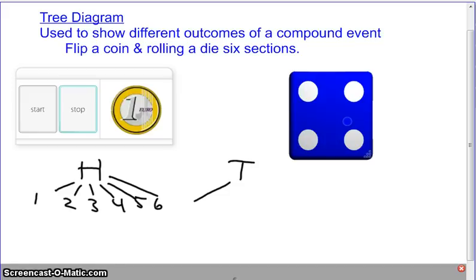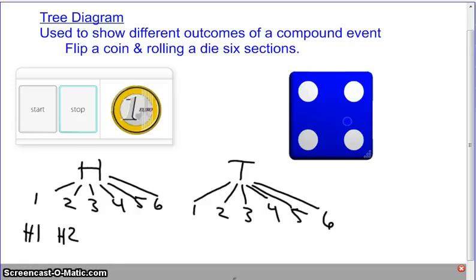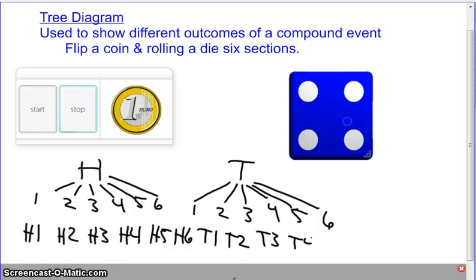I could get a tail with a roll of the dice at 1, a tail with 2, 3, 4, 5, or 6. Okay? So we could write these compound events as, I could get a heads with a 1, a heads with a 2, a heads with a 3. Right? And I could get a tails with a 1, a tails with a 2, and so on, all the way to tails with a 6.